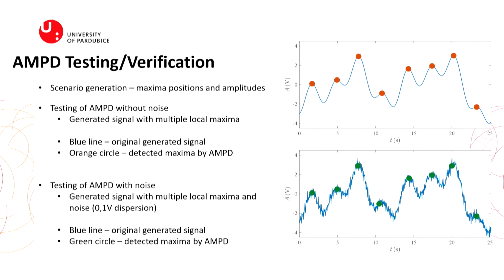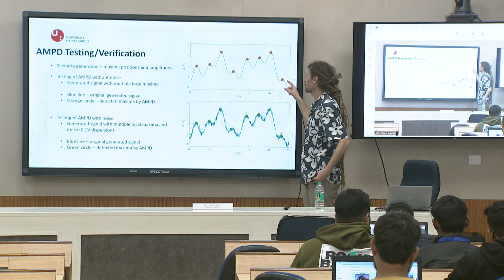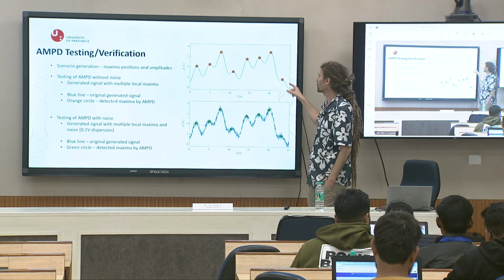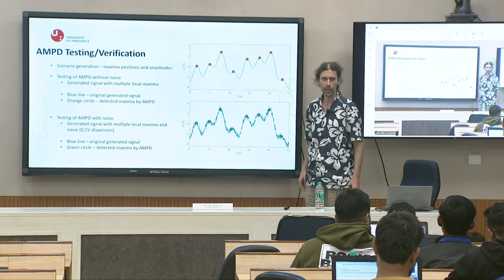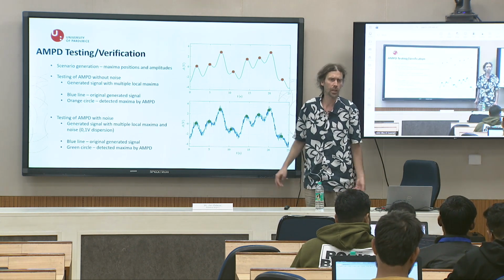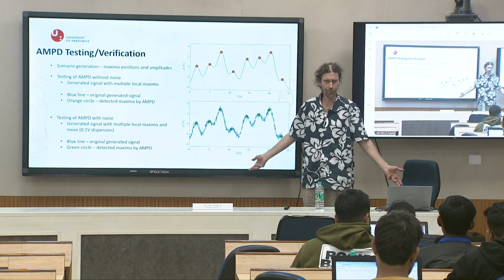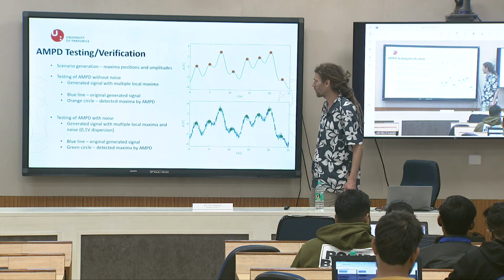So there you can see that if we use this detection algorithm on a signal without noise, then all maxima are perfectly detected. But you don't need to use this algorithm because detecting these local maxima would be easy anyway.